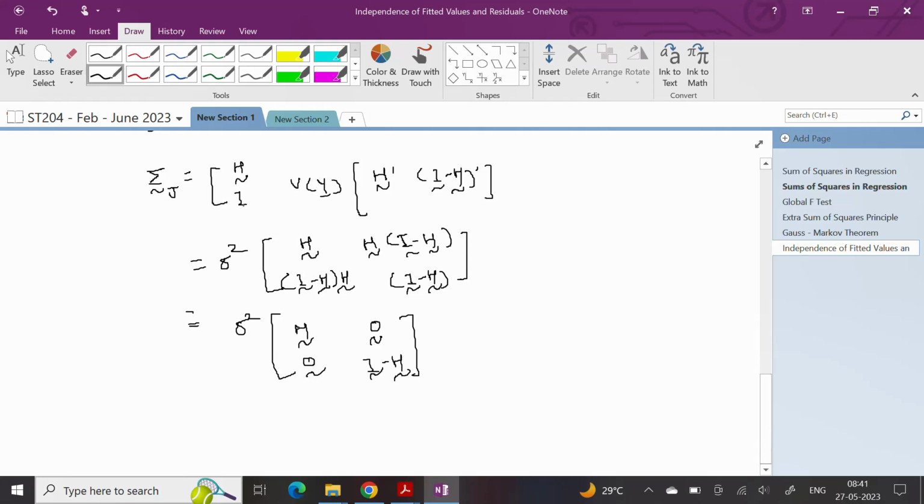Thus we have established that the two components of the joint vector, the residuals and the fitted values, have a variance covariance matrix that is a 0 matrix. And we know the property of the multivariate normal distribution that if the covariance matrix is a 0 matrix, then those two vectors are independent. Hence, using that property and the fact that this is a 0 matrix, we have established that the residuals and the fitted values are independent of each other.